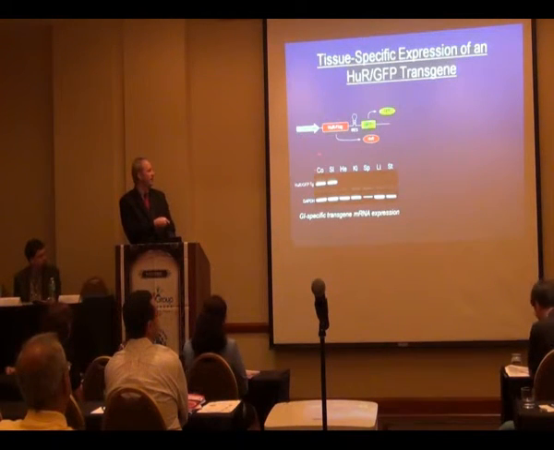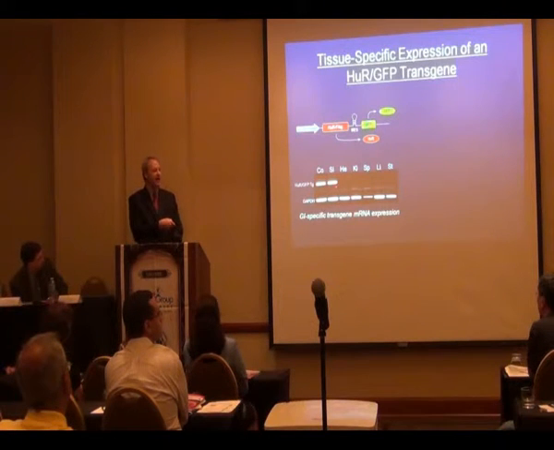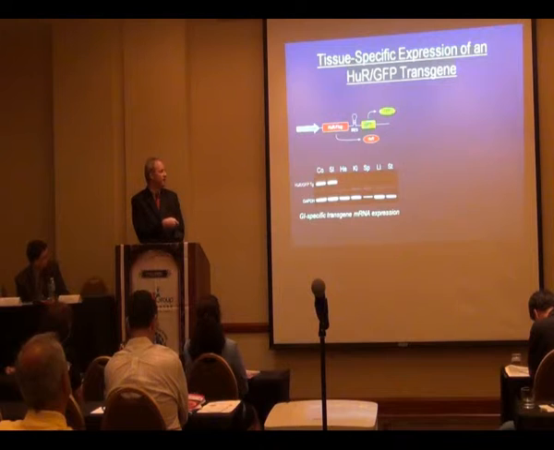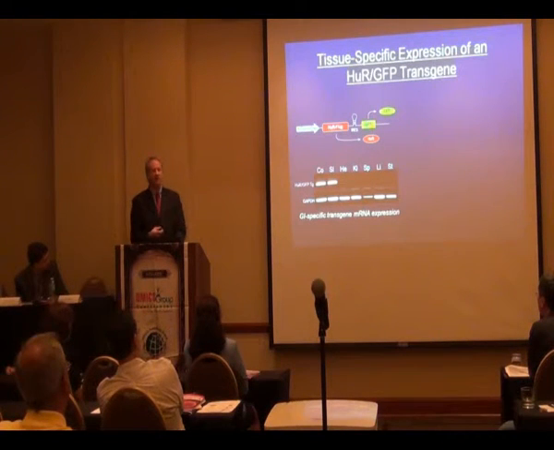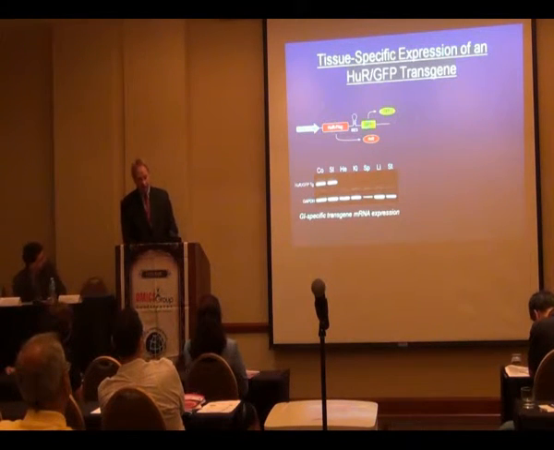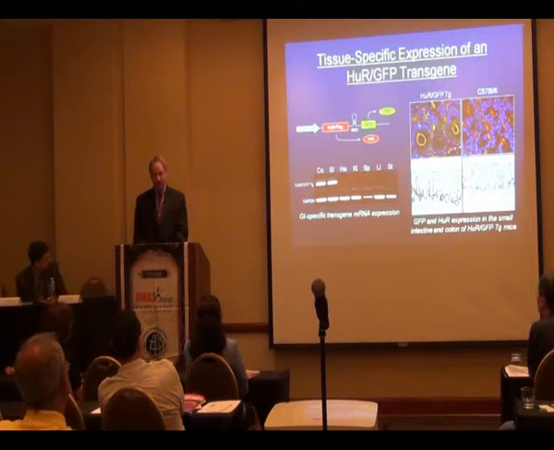Over here is just an RNA analysis showing that this particular RNA generated from this construct is only made in the colon and in the small intestine. Other tissues such as heart, kidney, spleen, liver, or stomach do not express this, as expected.